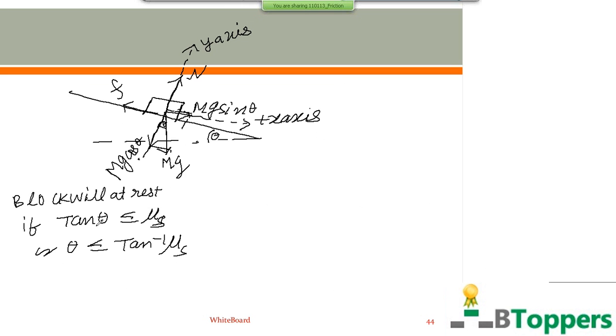So the maximum possible angle of inclination of the inclined plane to the horizontal for which the block remains at rest on the inclined plane is called the angle of repose.